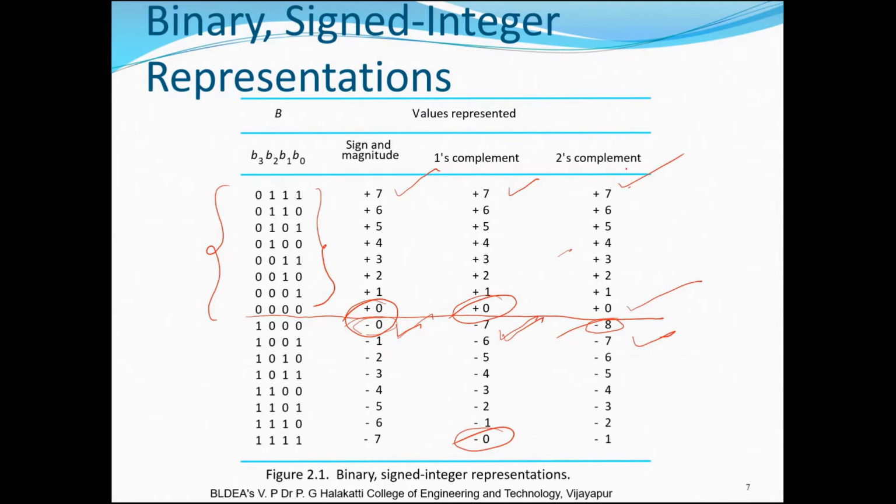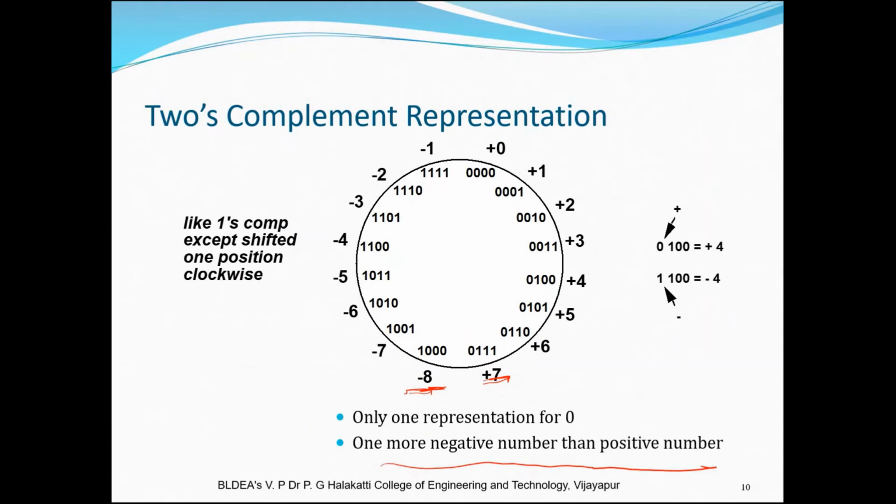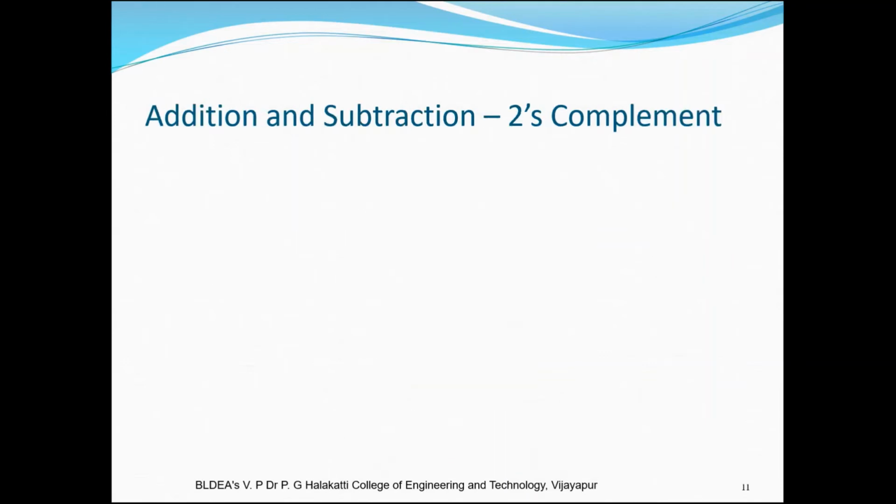This can be overcome using 2's complement, wherein only one 0 will be there. So always remember, the number representations differ only when we are representing negative numbers. If positive number representation is there, in all the three systems it is the same.